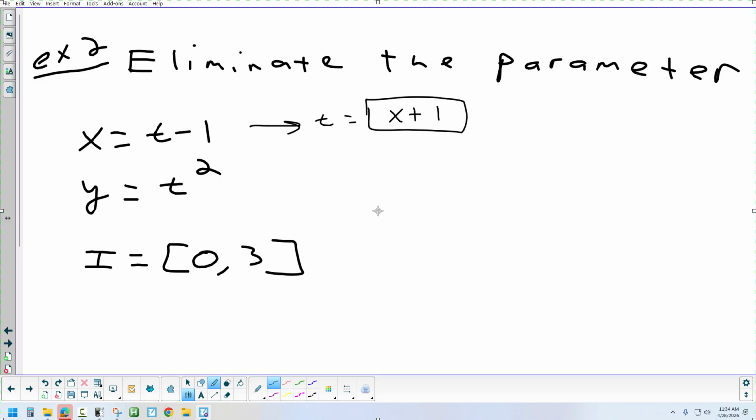What's step 2? Plug it in where? For the t. Yep. So replace t in the y equation with x plus 1. So now you've got y equals x plus 1 squared.